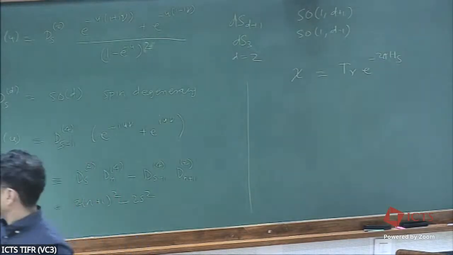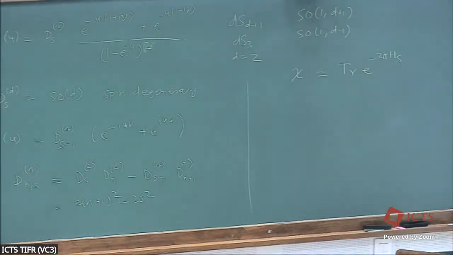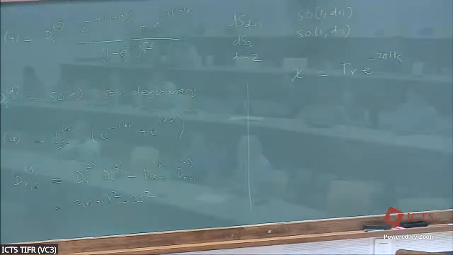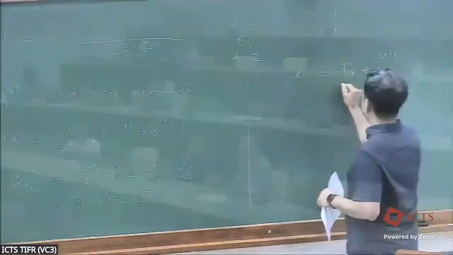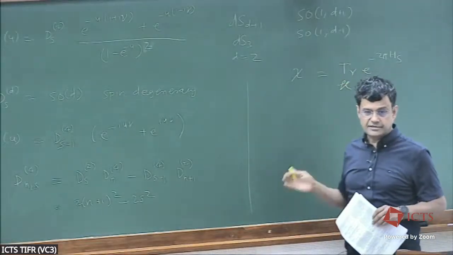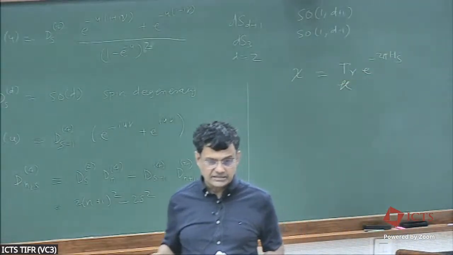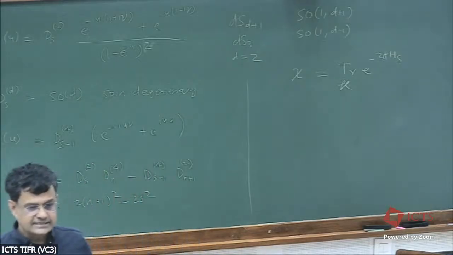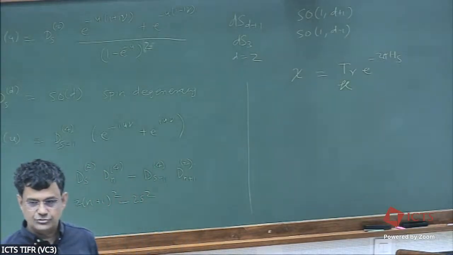Those divergences are independent of the... That's for fixed eigenvalue, there will be an infinite number of states. No, because the fact is that this is a trace over some Hilbert space, which is an infinite dimensional unitary representation. And that trace may not be defined unless you do things properly.